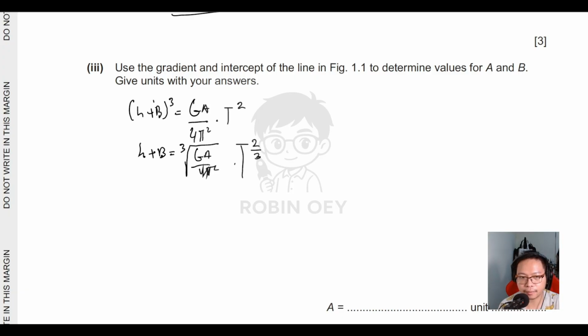Now from here, to use the gradient, we have to manipulate it into t to the power of 2 over 3 over h plus b.